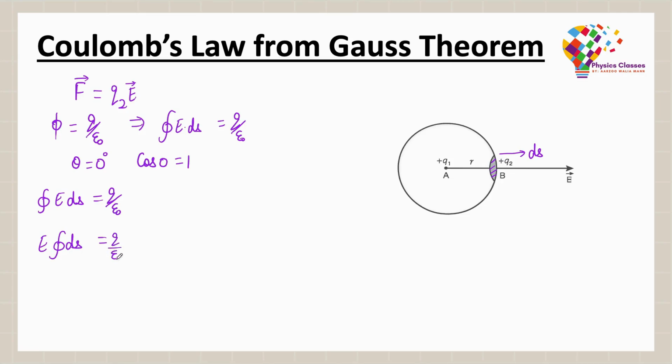Now the surface area of a sphere is 4 pi r square. So this is E into 4 pi r square equal to q by epsilon naught. From here the electric field comes out to be 1 by 4 pi epsilon naught q by r square. This is the electric field due to the charge q1 which is lying at the center.